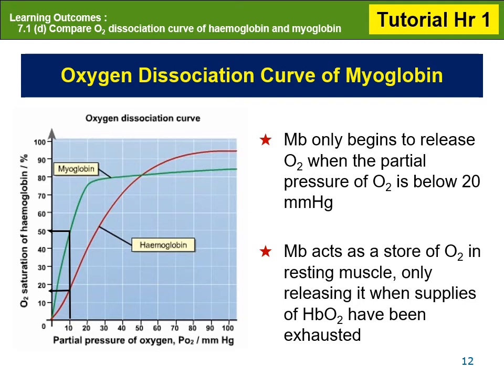Then here myoglobin only begins to release oxygen when the partial pressure of oxygen is below 20 mm Hg. So kalian lihat pada 10 mm Hg. So for the myoglobin, kalian lihat pertama sekali dia still has a high percentage of oxygen, berbanding dengan hemoglobin.